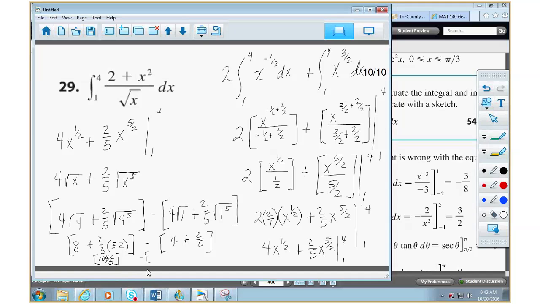Minus, and this will be 20 over 5, 22 over 5. 104 minus 22, 104 minus 20 is 94, so it's going to be 92 over 5. Somebody tell me if that's what y'all got. I'm waiting.